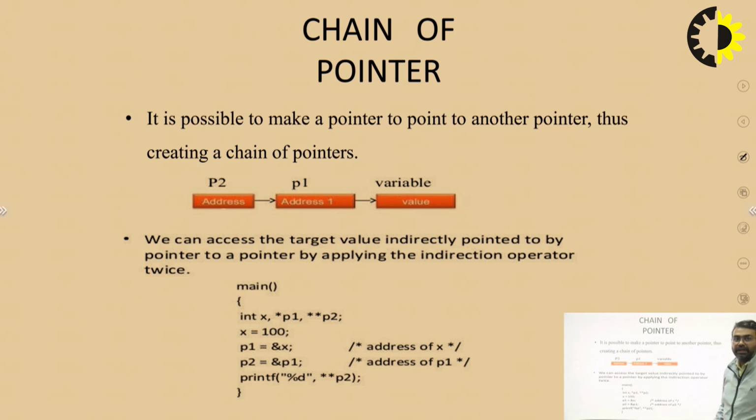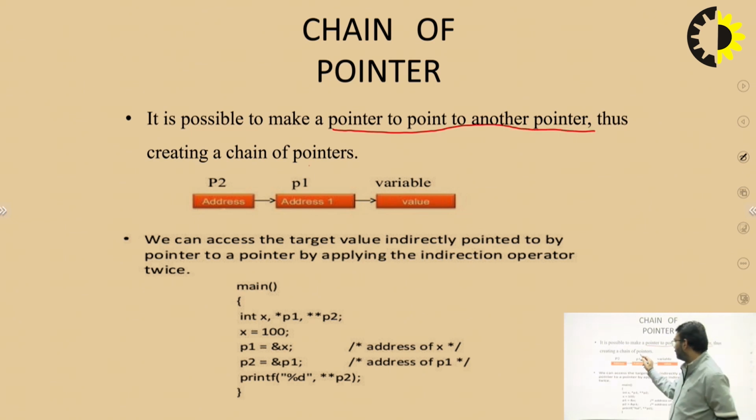Now chain of pointers. It means a pointer can also contain the address of another pointer. By this means we can create a chain of pointers. So basically it is possible to make a pointer point to another pointer, thus creating a chain of pointers.